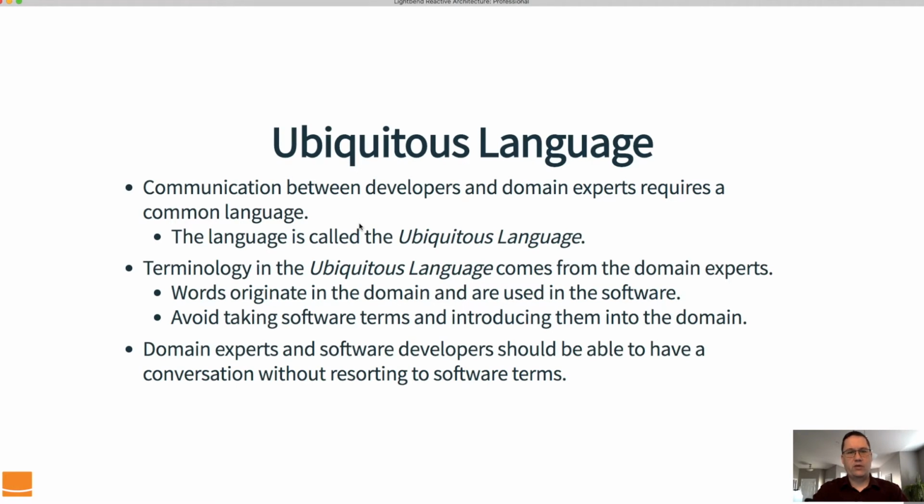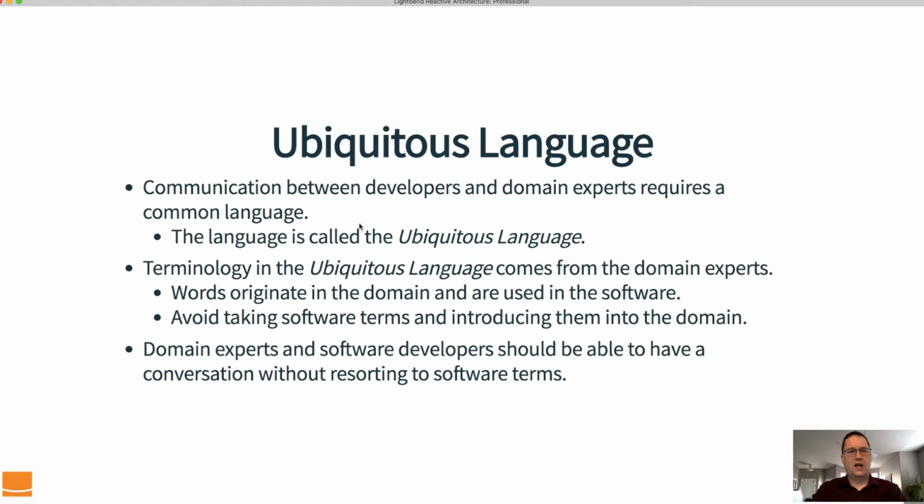Terminology in the ubiquitous language comes from the domain experts. So we go and talk to the domain experts as developers, and we try to understand the words that they use, and we use those words in our model. In turn, we, of course, become domain experts because we are slowly learning about the actual domain.